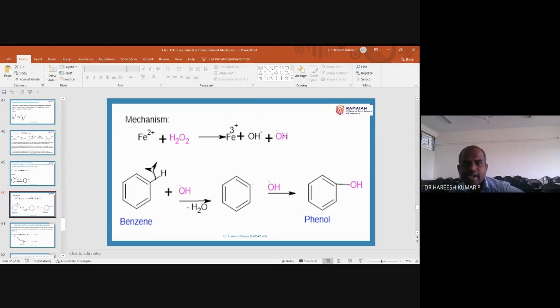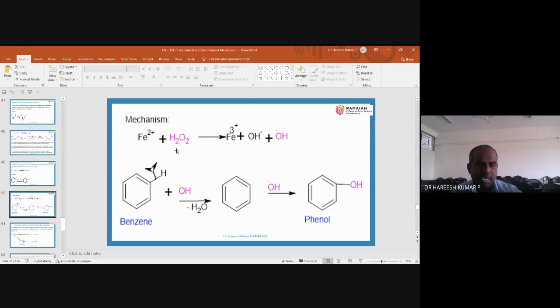This hydroxyl radical makes benzene undergo homolytic cleavage of the CH bond, giving rise to phenyl radical. The phenyl radical again reacts with one more equivalent of hydroxyl radical, giving rise to phenol. So this is the mechanism of how benzene is converted into phenol, and the role of ferrous in reaction with the hydrogen peroxide.